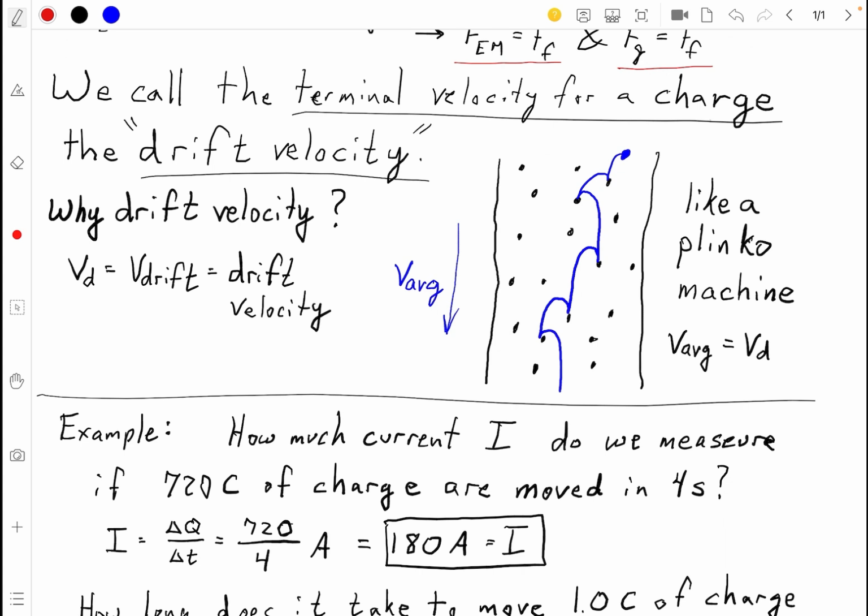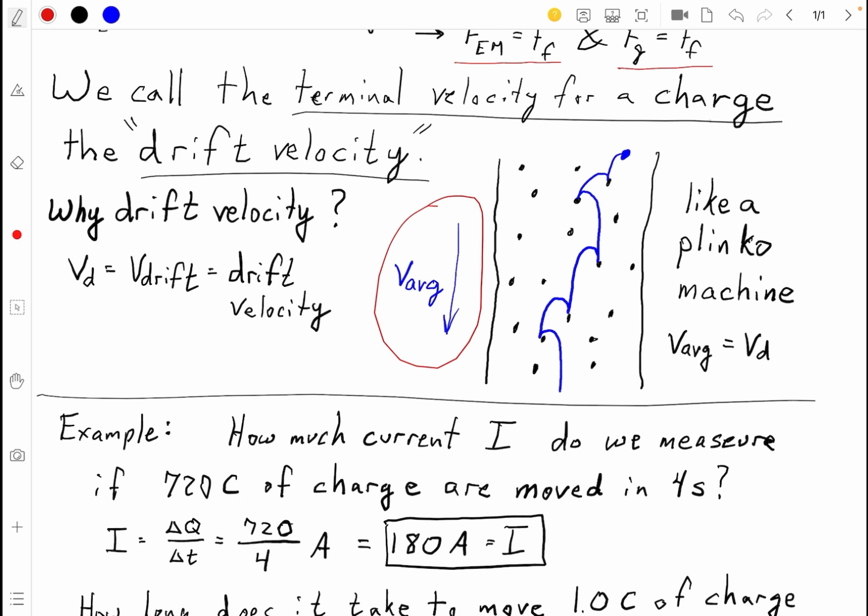So why is there a drift velocity? Because there's some average velocity that things are traveling with, because this charge is bouncing around like a Plinko machine thing.